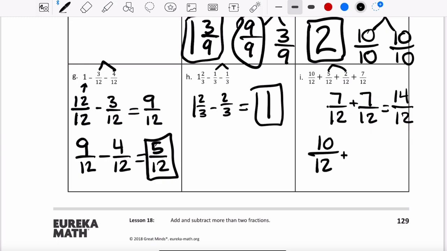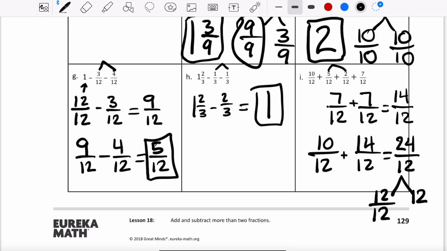If we take our 10/12 and add 14/12, 10 plus 14 gives us 24/12. It is improper, so we have to change it to a mixed number. To do that, we're going to think how many 12s go into 24. Well, if we have 12/12, that's one whole, and we know that we could make another 12/12, which is another whole, so that means we have 2 wholes.